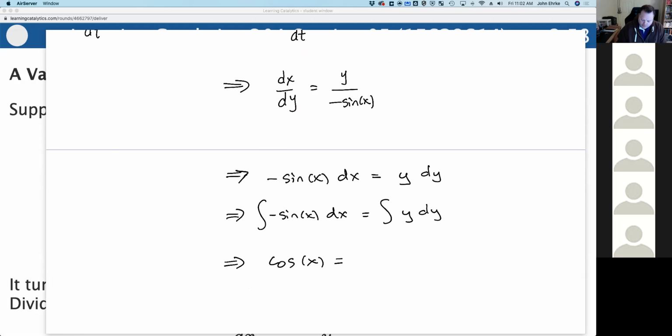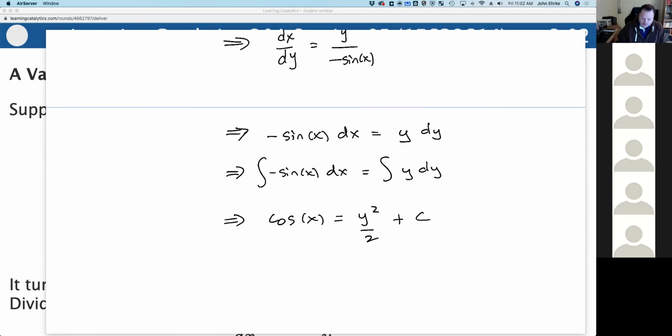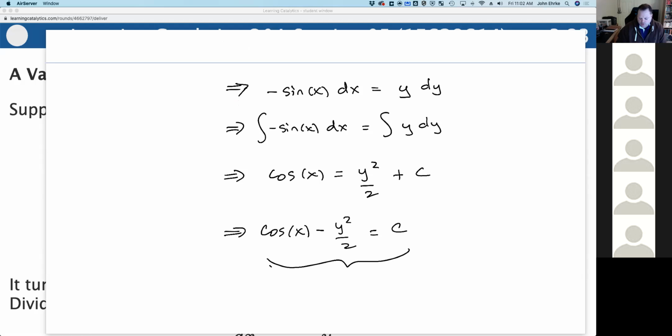The antiderivative of y is y squared over 2, and I have a constant of integration. So I could just solve for y here, but I'll leave it in this form. Let's just say it's cosine of x minus y squared over 2 equals c. So this would be an implicit solution.